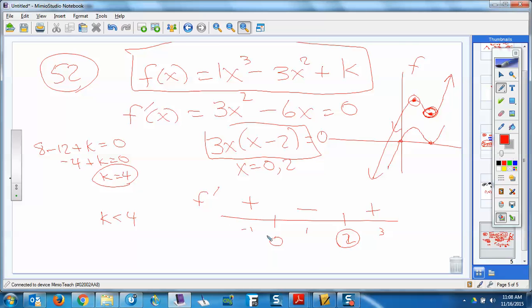Well, the local max is at 0, so let's plug that in for x. 0 minus 0 plus k. Oh, that's when k is 0. So when k is 0 is when this one will just hit. So isn't it between 0 and 4 when we're going to get 3 roots?